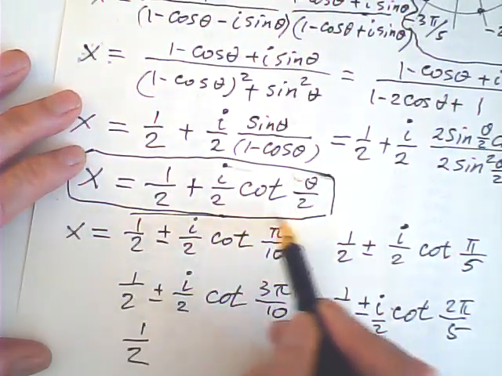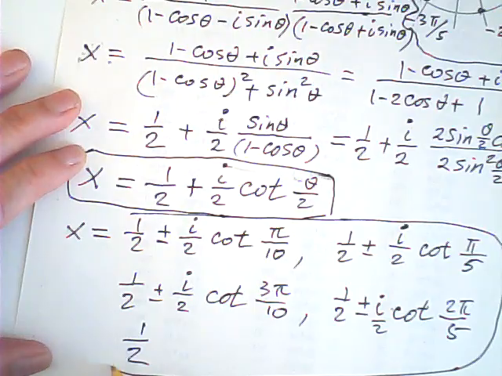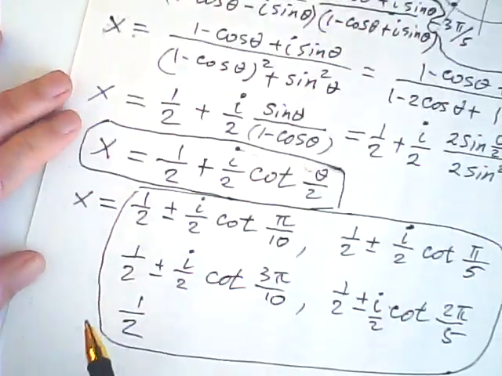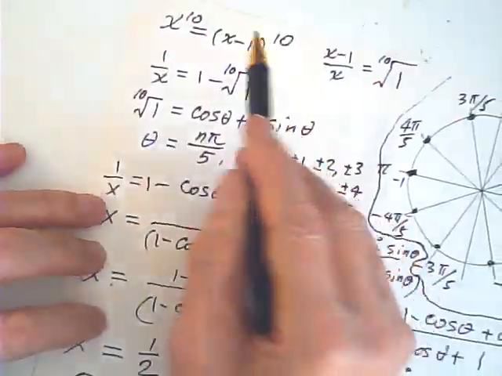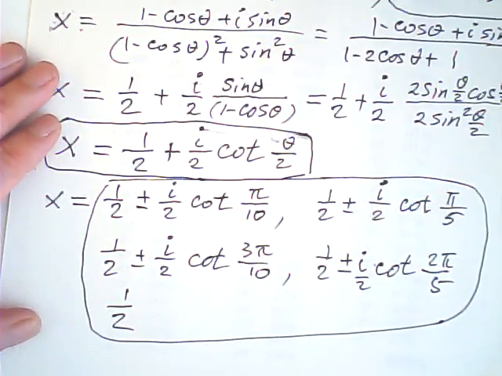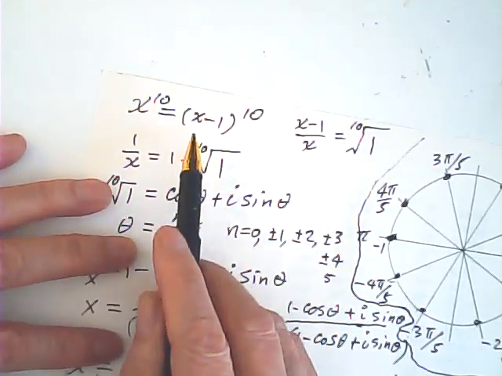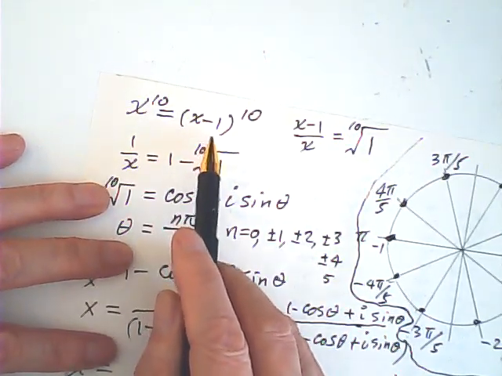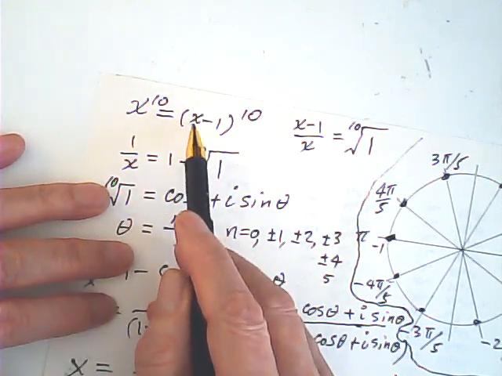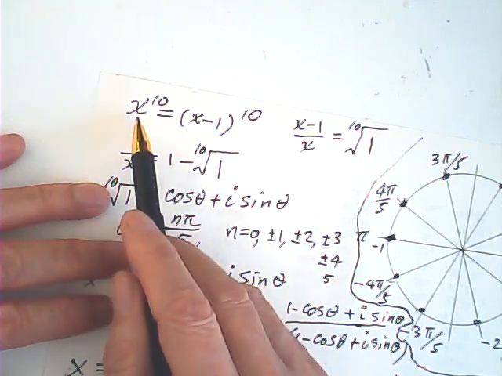So these are the 9 roots of this equation, that is x. Why 9? Well, because when you expand this binomial, x to the 10th power cancels with that one.